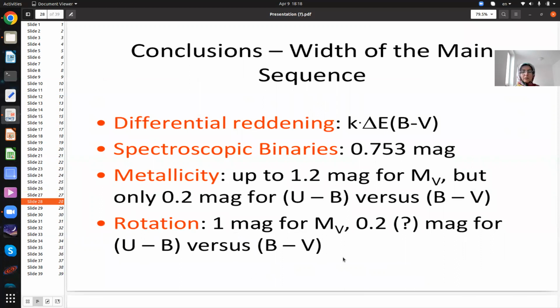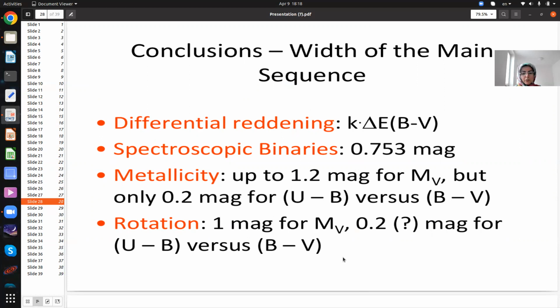So we can go back to the question: why is there a width in the HR diagram? There's a width because we have differential reddening, which means not all stars have the same extinction. Some are shifted a little.